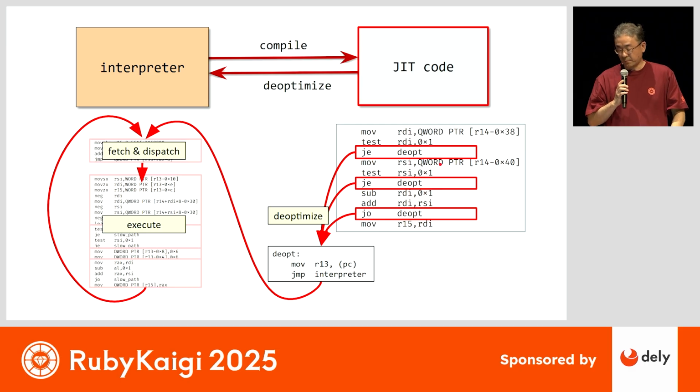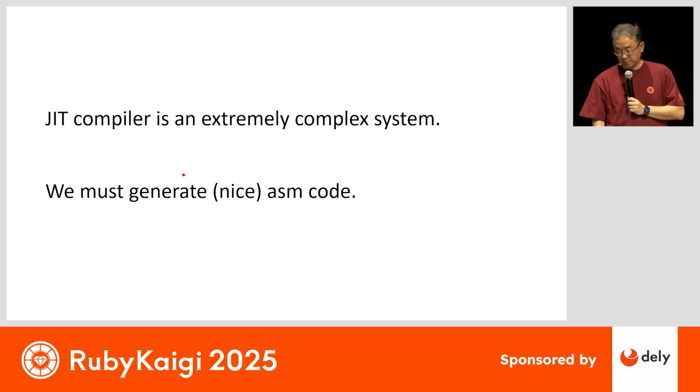De-optimize means fall back to the interpreter and do it again. So the JIT compiler is an extremely complex system, and the only thing that justifies its complexity is performance. So we must generate nice code.